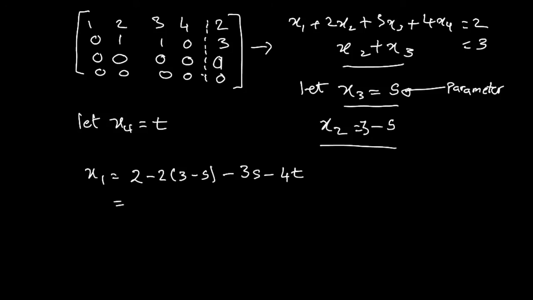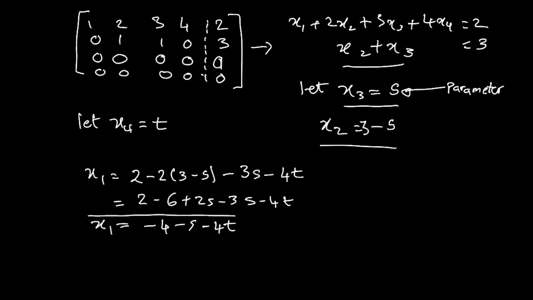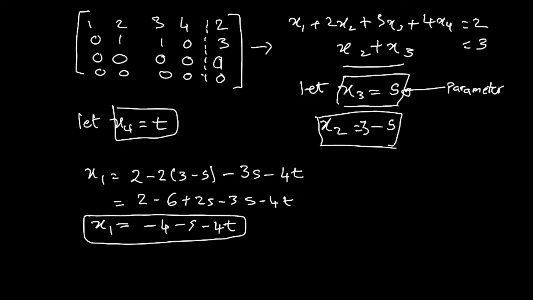So let's simplify that. So we get 2 minus 6 plus 2s minus 3s minus 4t, and that boils down to 2 minus 6 is minus 4, minus s minus 4t. So that's the value of x1. I'm going to put little squares on these solutions. So that's x2, that's x3, and that's x4. So we now have all four values.